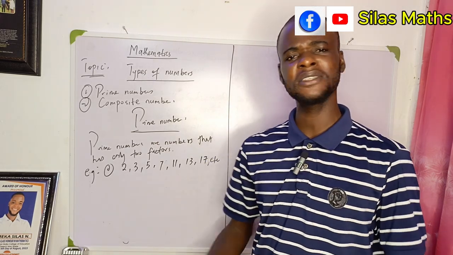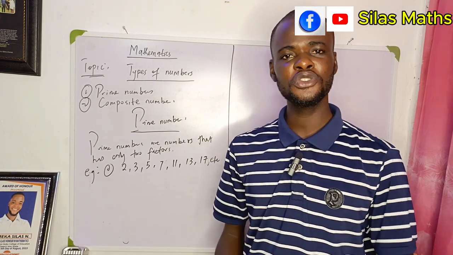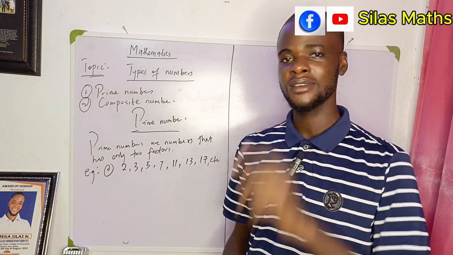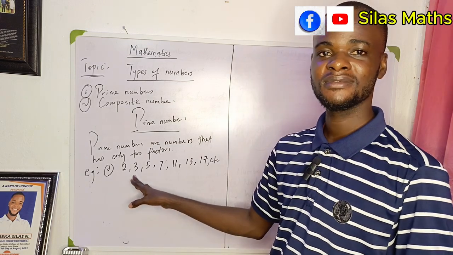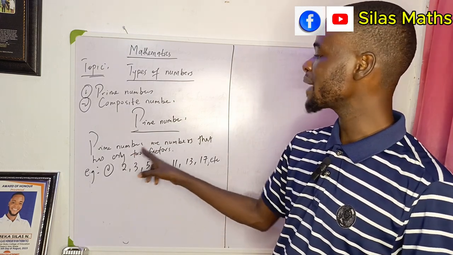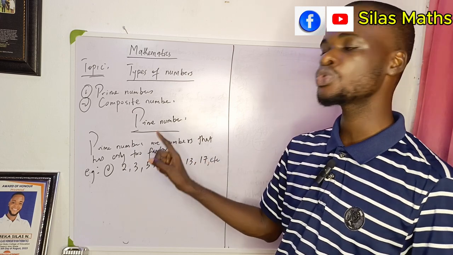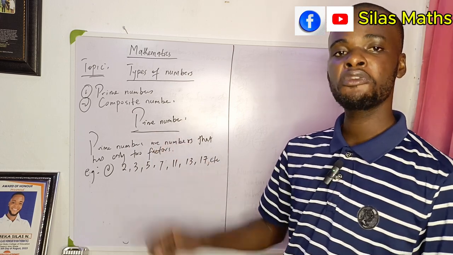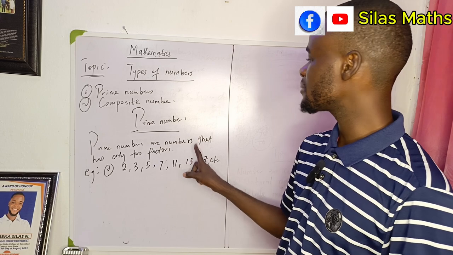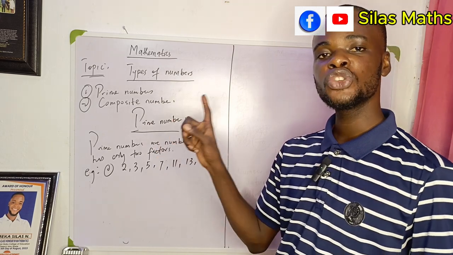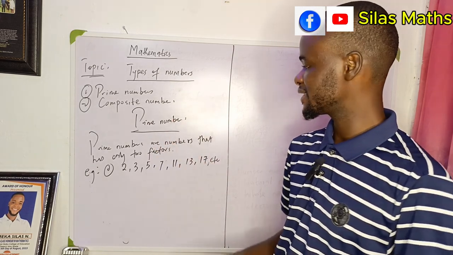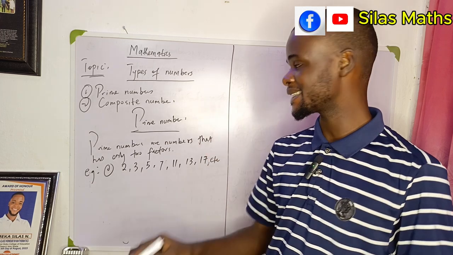The only numbers that can divide 2 without remainder are 1 and itself. So we say prime numbers are numbers that have only two factors, that is 1 and itself.